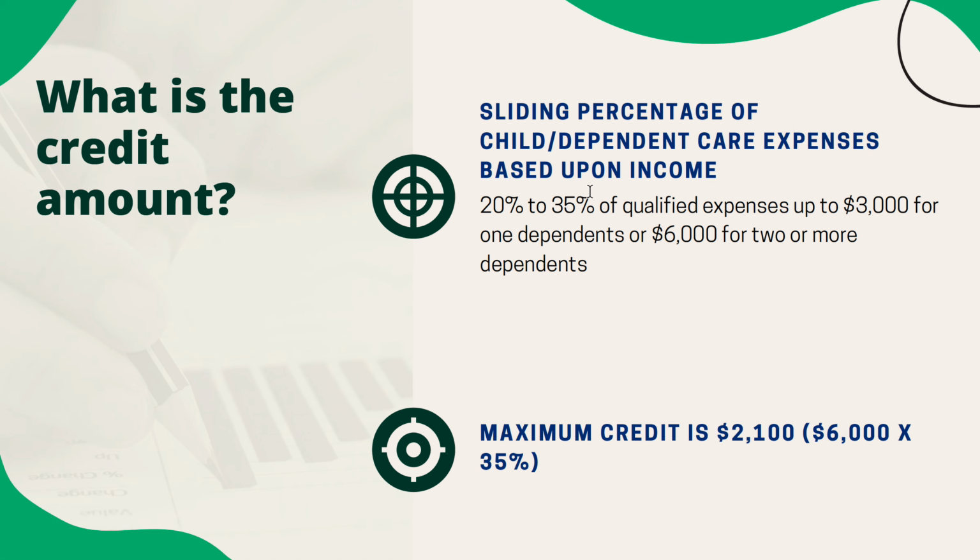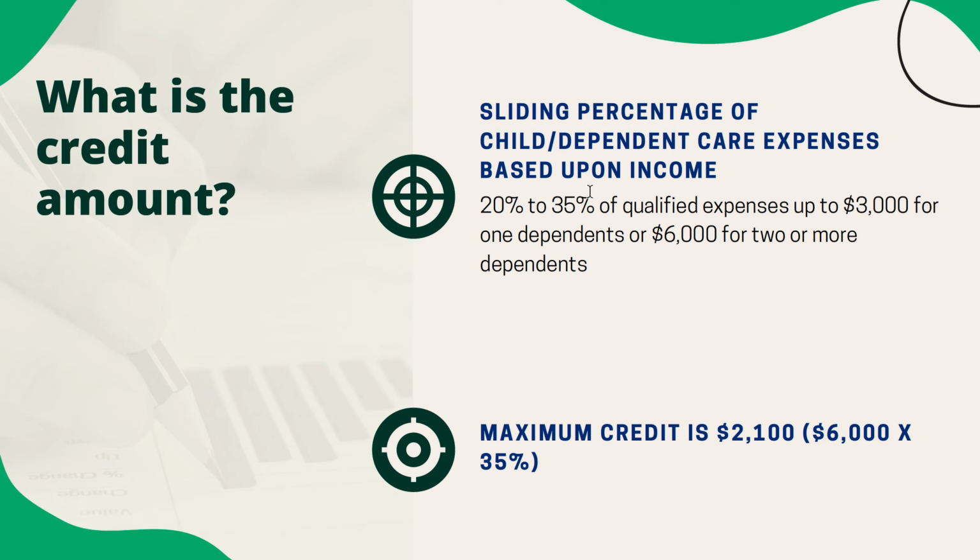The credit amount is a sliding percentage of the child or dependent care expenses based upon income. That range is actually on the tax form. We'll look at it in a moment, but it goes from 20% to 35% of qualified care expenses up to either $3,000 for one dependent or $6,000 for two or more dependents.